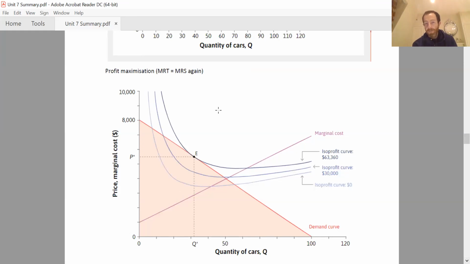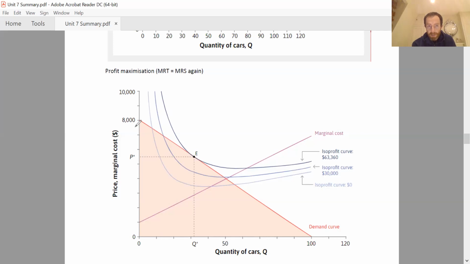And what the demand curve shows us is, you can see it's this red line right here. It shows us that, for example, at a price of $8,000, simplifying a little bit, we'd have basically one person who'd be willing to buy the car. If they drop the price lower, then we'd have a higher level of cars that we could sell, right?